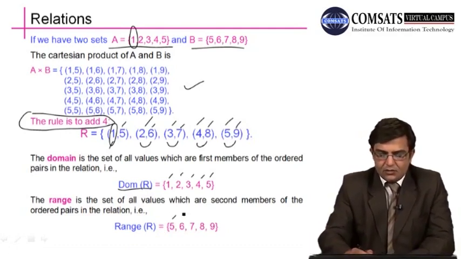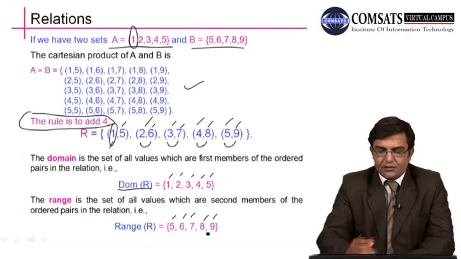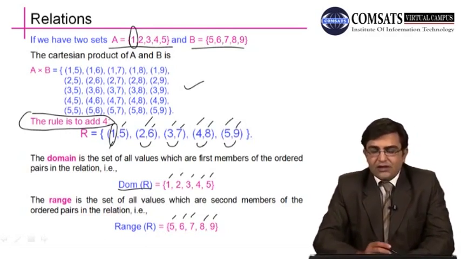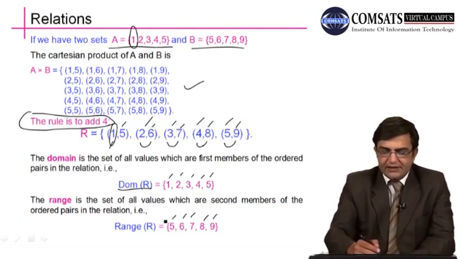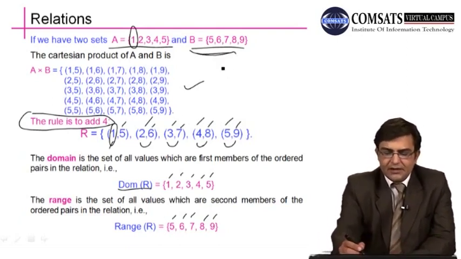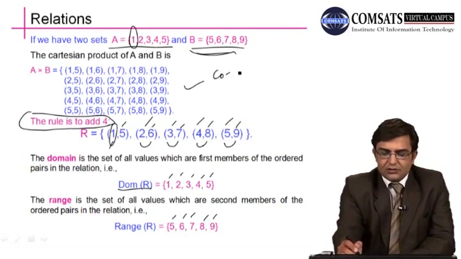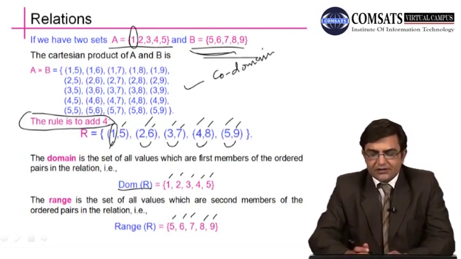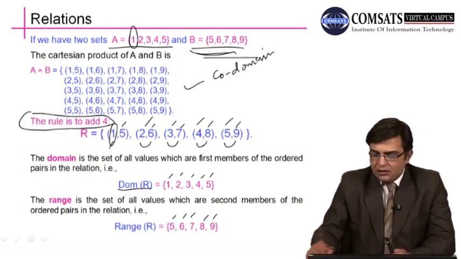This is called the range of that relation, and the set B is also called the codomain. We shall study it also when we study the functions.